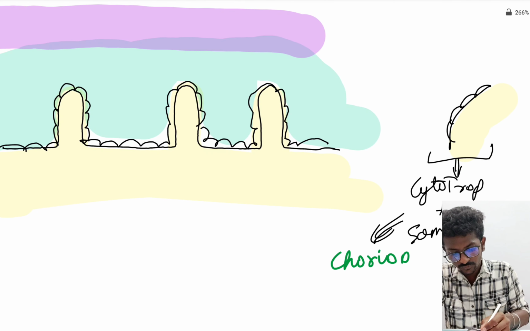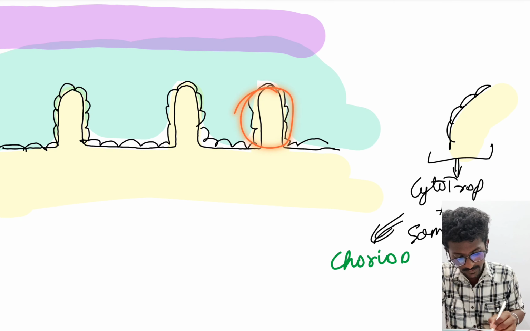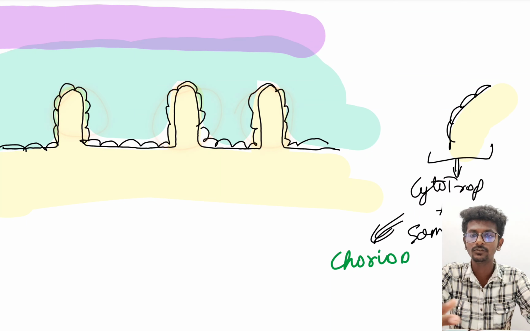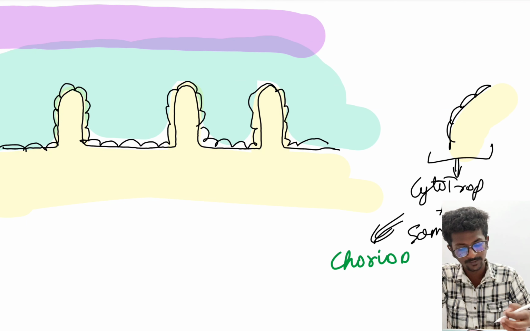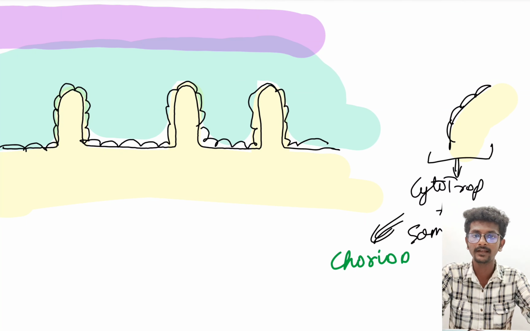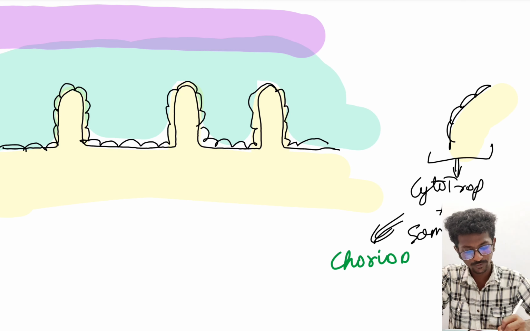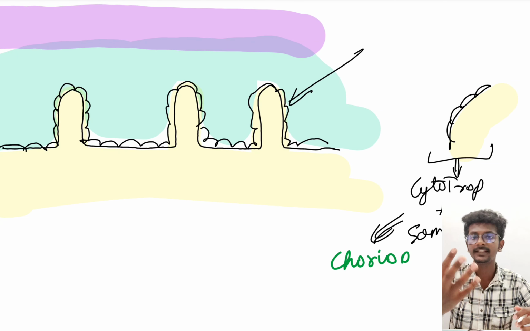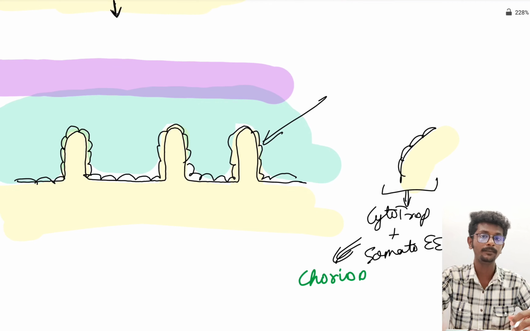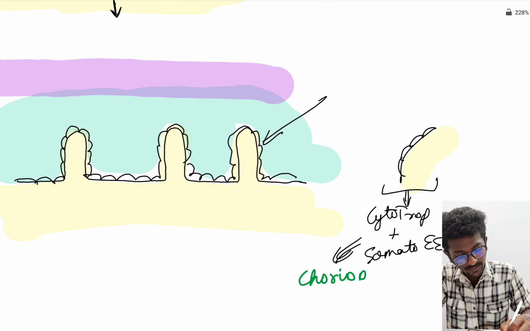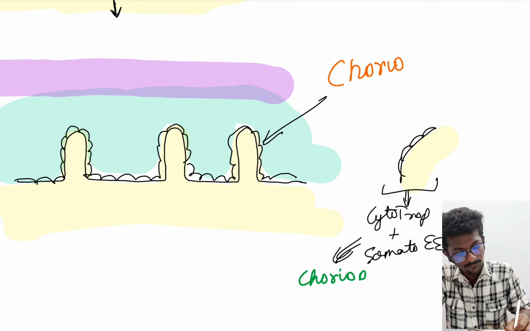So this entire thing is chorion because it is made up of cytotrophoblast and somatopleuric extraembryonic mesoderm, and they are forming finger-like projections. These projections are generally called villi, but since these villi are made up of chorion, we name them chorionic villi.